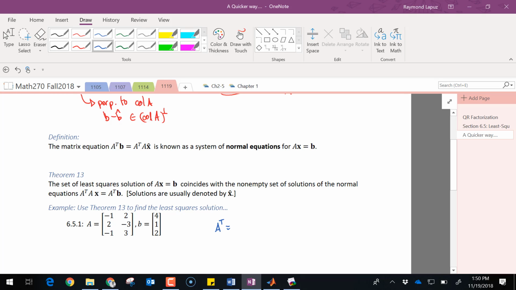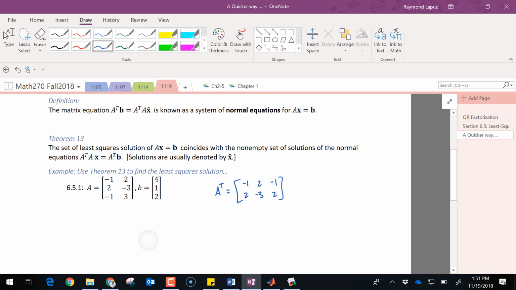choose this color first. A transpose is going to be -1, 2, -1, 2, -3, 2. And we're going to multiply that by A. A transpose times A is equal to -1, 2, -1, 2, -3, 3, -1, 2, -1, 2, -3, 3.